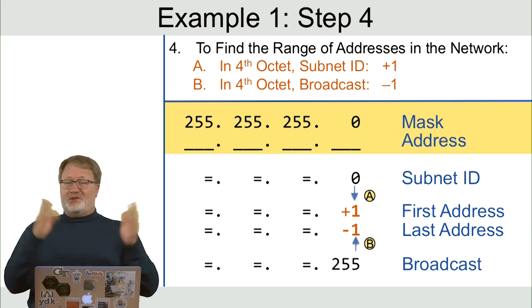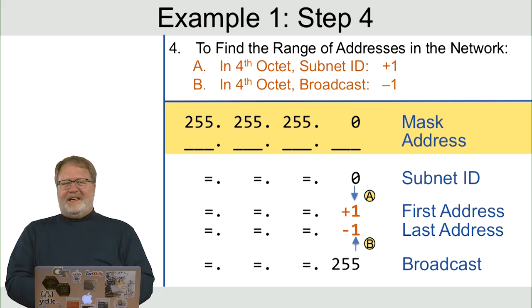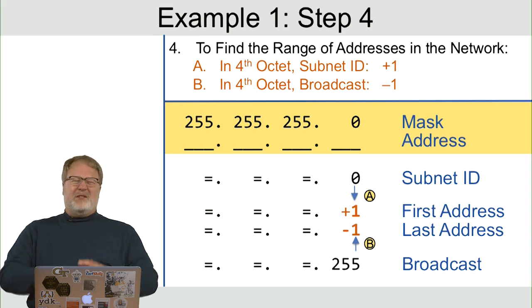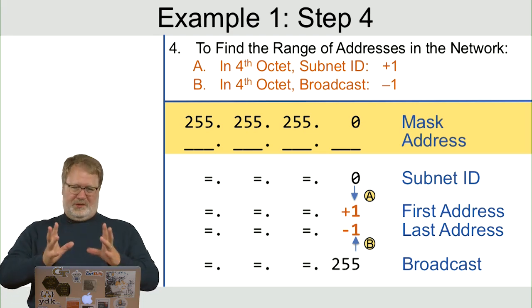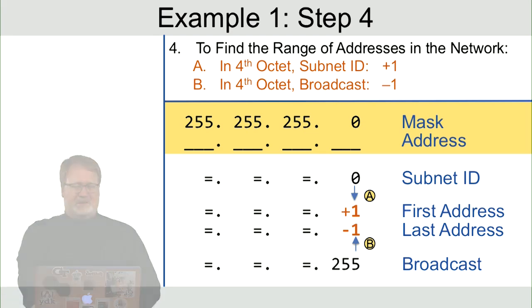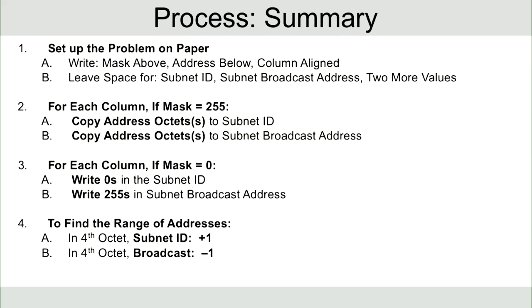This action happens only in the 4th octet. To find the last address, you subtract 1 from the broadcast address. So that's a generic visual view of the process besides the words. There's a reminder of the process in words, and now it's time to take a look at some examples and bring this into focus.